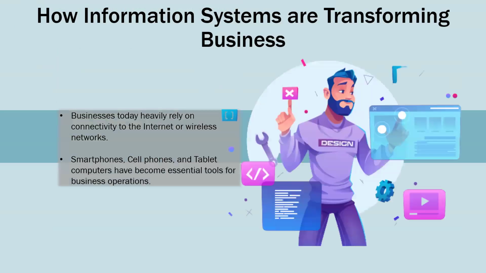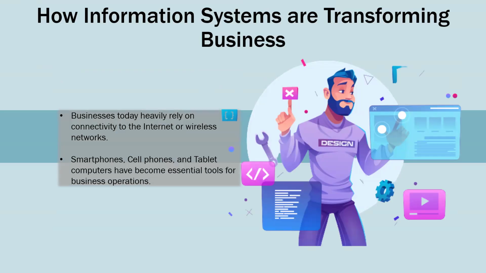All right. So information systems are transforming business. Businesses today rely heavily on connectivity to the internet or wireless networks. We can talk about people doing business on smartphones, cell phones, tablets, and computers. A smartphone is actually a computer, if you didn't know.